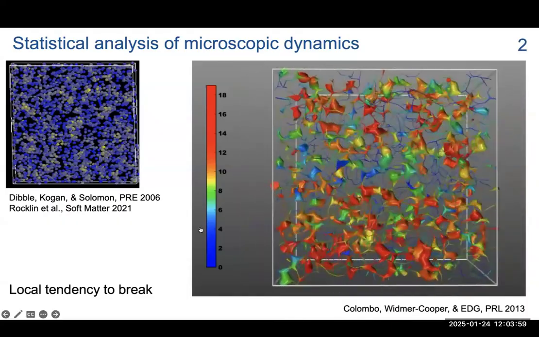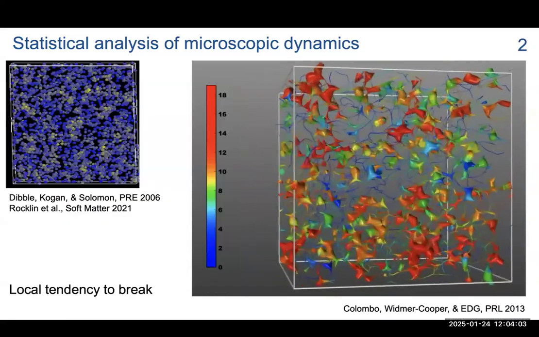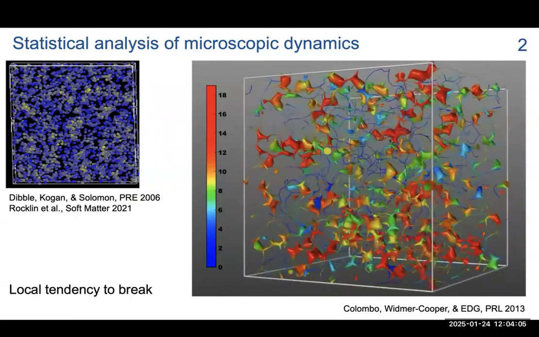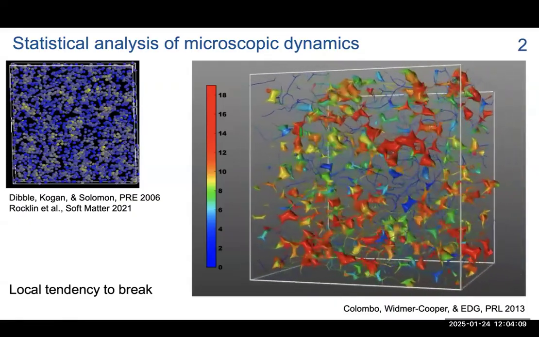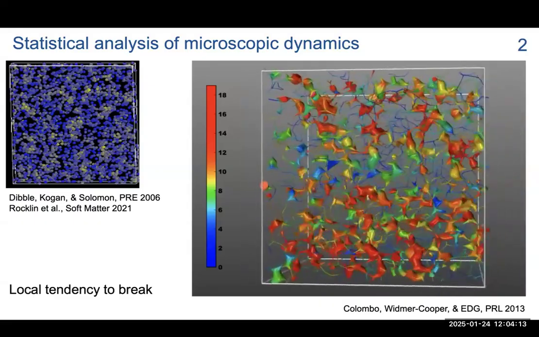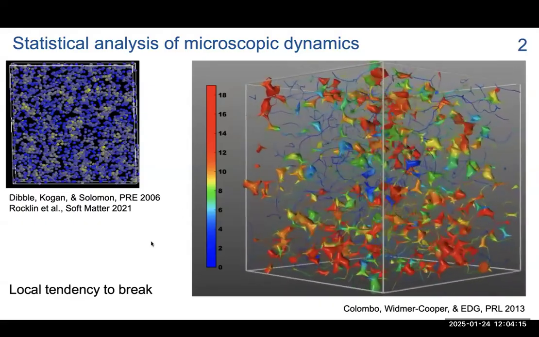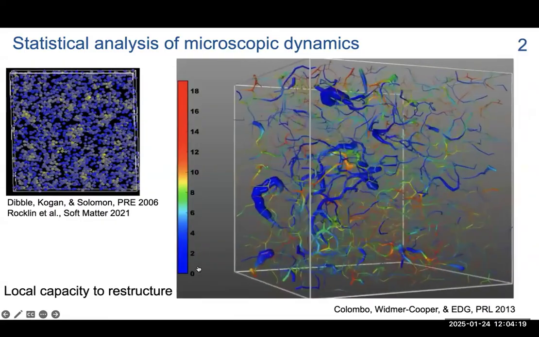So let me show you this. When you break things in the parts that are yellow and red, you could do another analysis to say, okay, where do things move mainly? When things break, where do I see most of the rearrangements? And when you do that, you get these blue sausages.